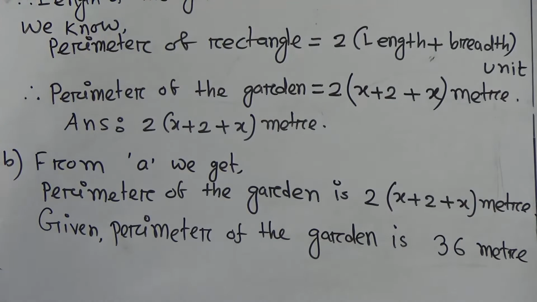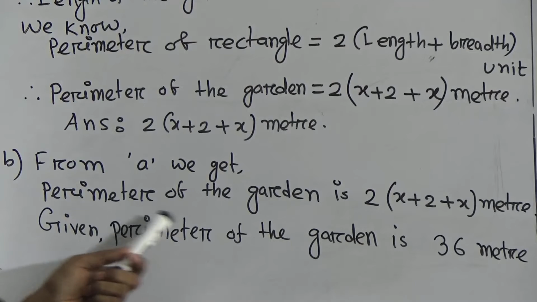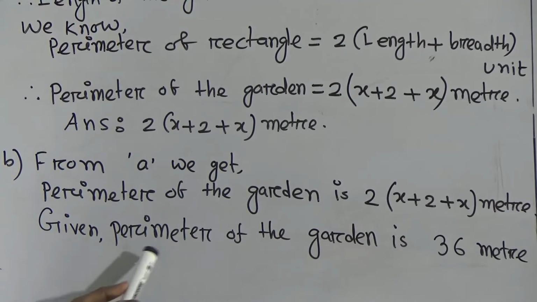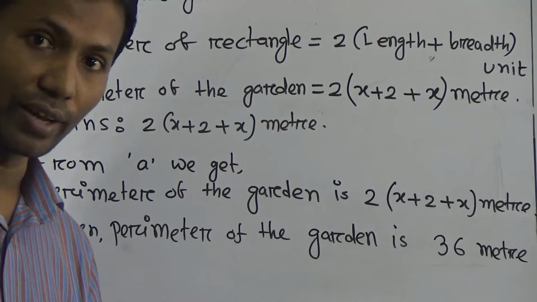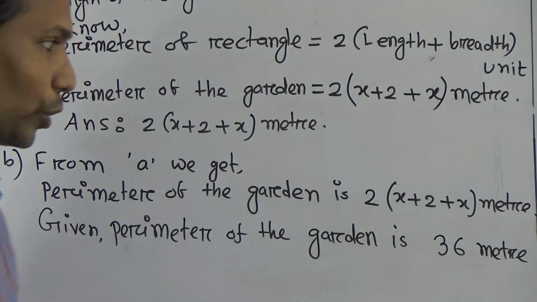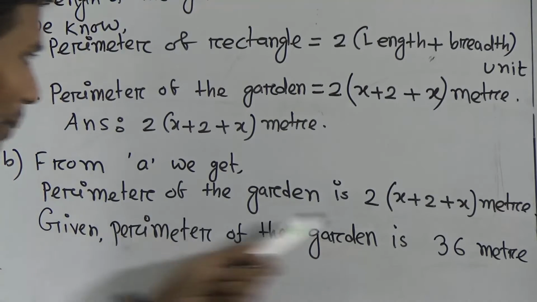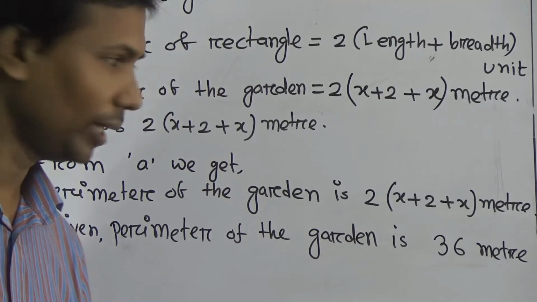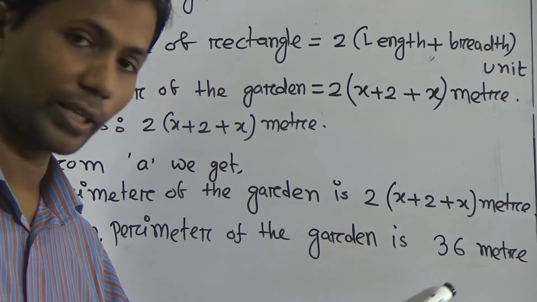Dear students, sometimes you may be confused here. Look, this is the perimeter of the garden in terms of x, and this is the perimeter of the garden given in the question. So you see, this perimeter and this perimeter are equivalent.